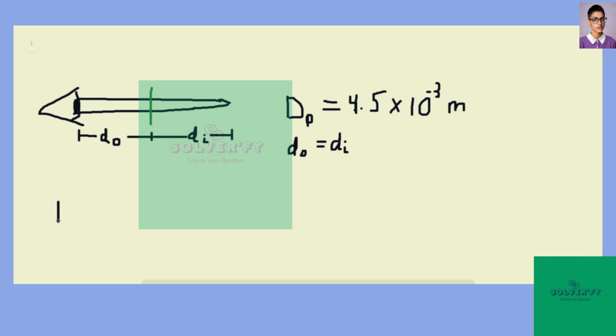Then the capital D sub P is the diameter of the pupil, which we were told is 4.5 times 10 to the minus 3 meters. Therefore, the diameter of the area on the mirror and the diameter of the pupil must subtend the same angle from the image.